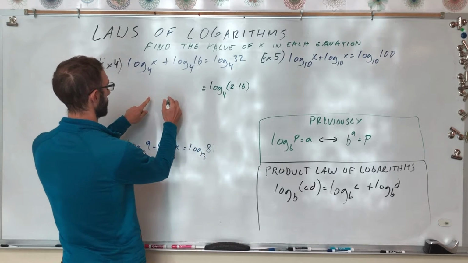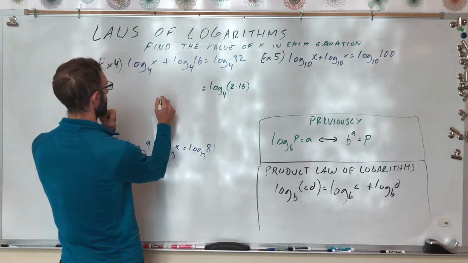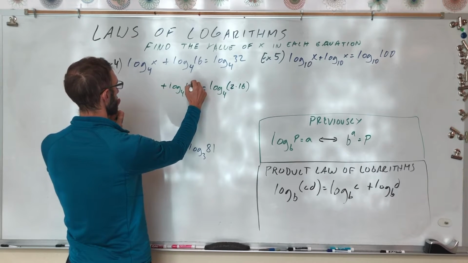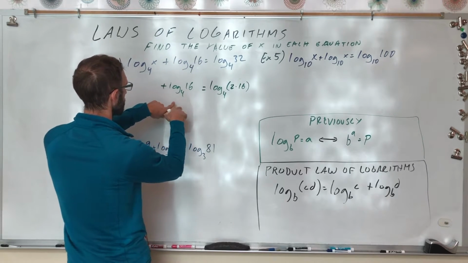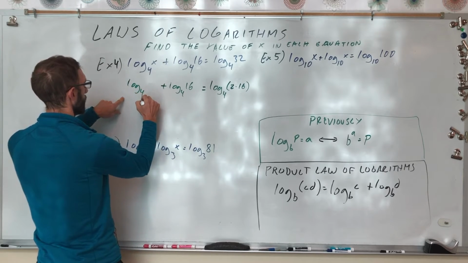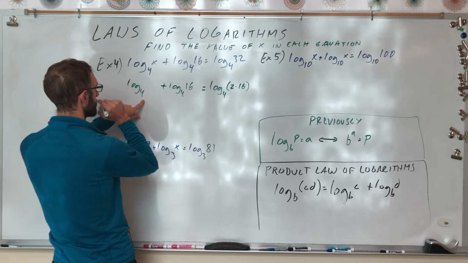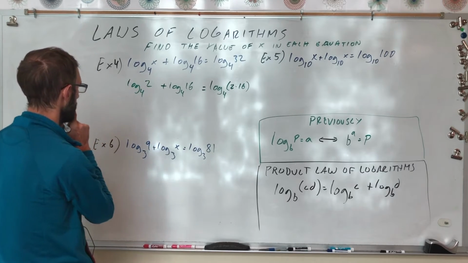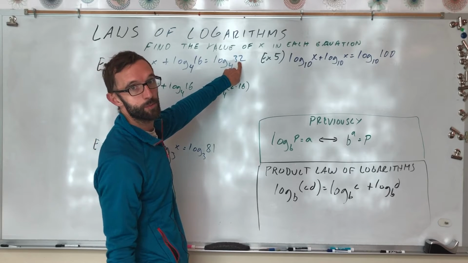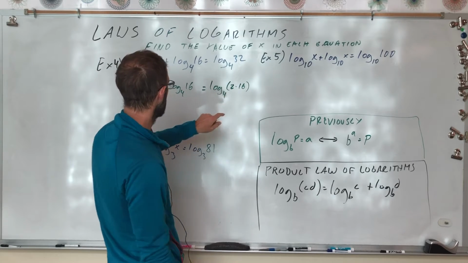That means I've got log base 4 of 16. I'm just rewriting this. But this is what we're trying to find: log base 4 of 2. I got that 2 from what I found here. I saw 32 as the product of 16 and 2.